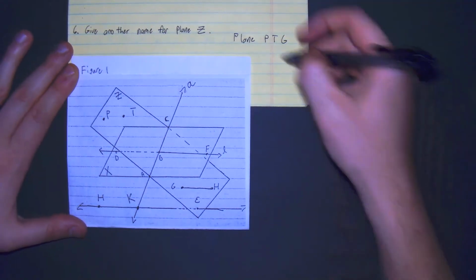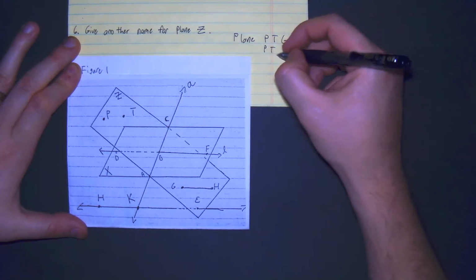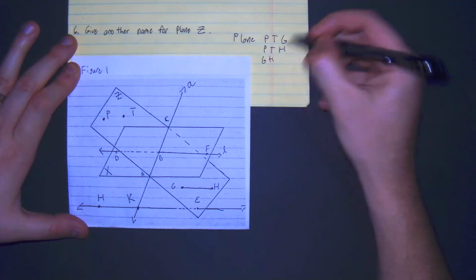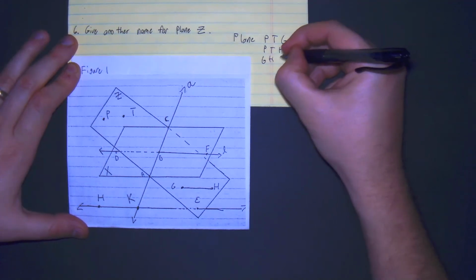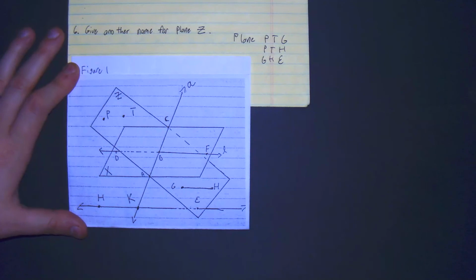That could work. We could even say PTH, and so on and so forth. You can even say GHE. You can see right here, these three are not collinear. G and H are collinear, but the third one is what matters. All right, that's the first 6 for this.